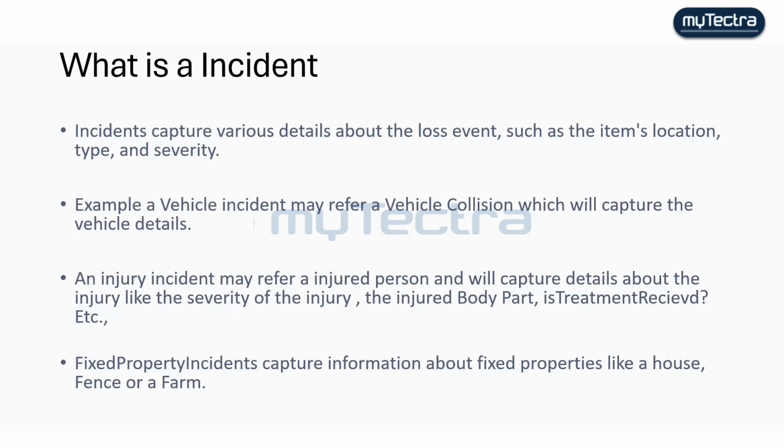If you understand the functional part, it will be easy for you to explain in the interview. So vehicle incident, you would have seen the screen. Vehicle incident will have the VIN number of the vehicle, make, model, year of the vehicle, then loss location, obviously where the accident happened.